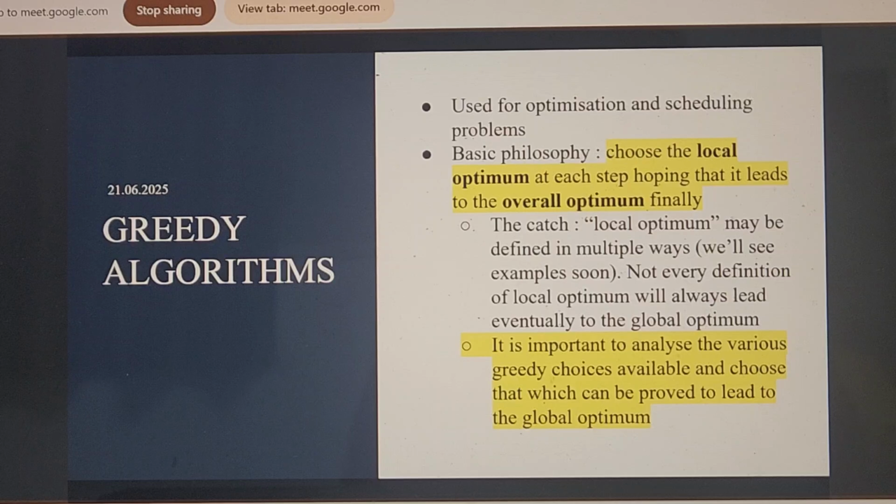So for instance, coming back to our lecture hall and lecture scheduling problem, your idea could be at every step I'm going to pick one lecture and allocate it to one classroom. Like I'll take the first lecture, I'll allocate it to room number 1. I'll take the second lecture. If it has an overlap with the first lecture, I'll put it in room number 2.